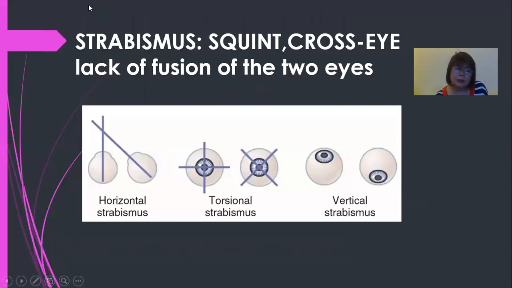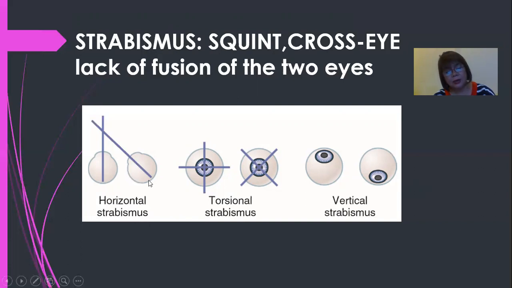What is strabismus? It's also called squint, cross eyes, or lack of fusion of the two eyes. So there's no fusion of vision of the object in the cortex. Sometimes this is corrected by first putting a patch, okay? Putting a patch over this while she's still a child.